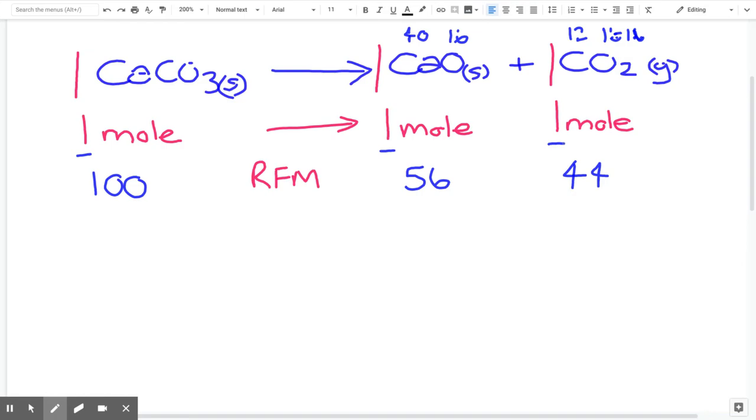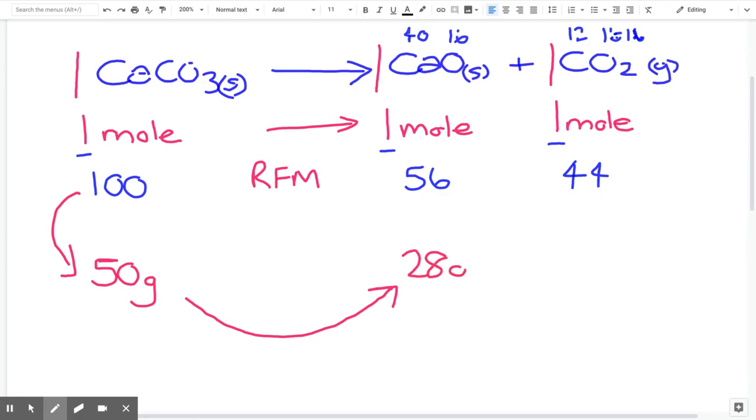So again, using random example numbers, if 50 grams of calcium carbonate were used, we could estimate that that would produce 28 grams of calcium oxide plus 22 grams of carbon dioxide.